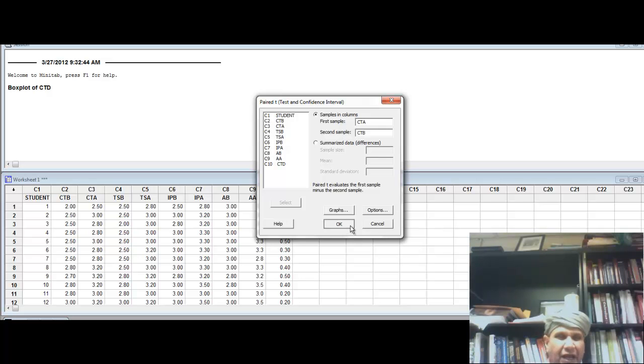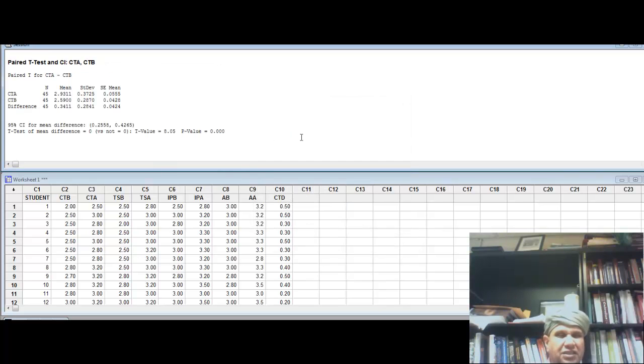And let's see what happens. Your p-value is almost 0. Notice that here, and a 95% confidence interval for the paired differences, the mean of the paired differences is this.